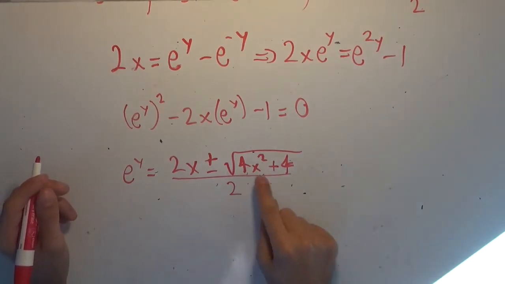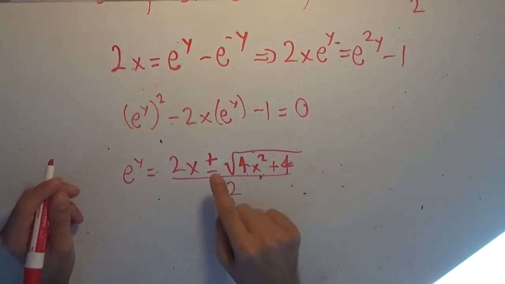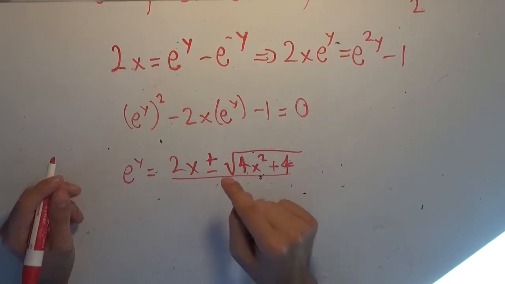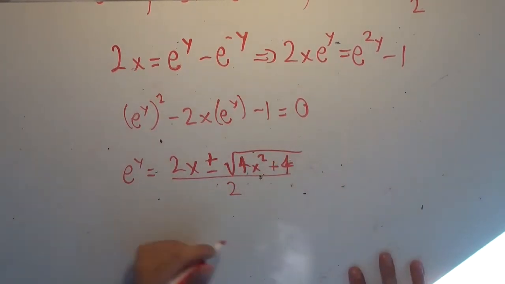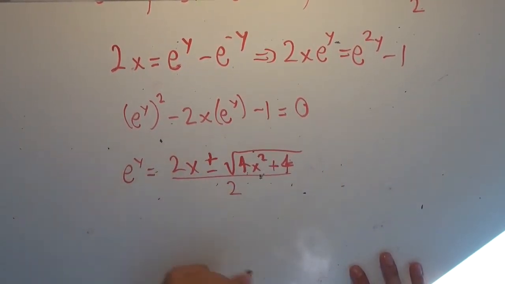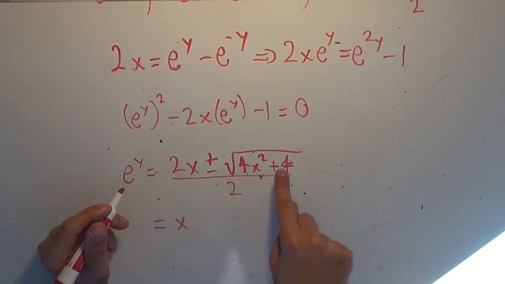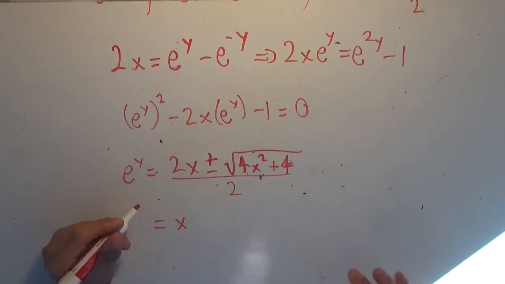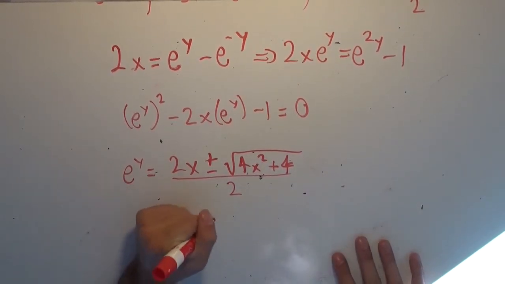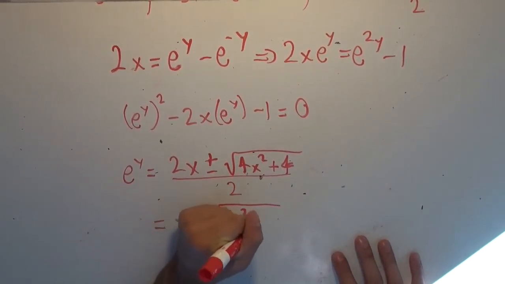Now, this factor of 4 inside the radical can be factored out as 2 on the outside of the radical because the square root of 4 is 2. So this can be rewritten as 2x over 2, which just becomes x, plus or minus 2 times the square root of x squared plus 1, but 2 divided by 2 again gives 1, so we just get x plus or minus the square root of x squared plus 1.